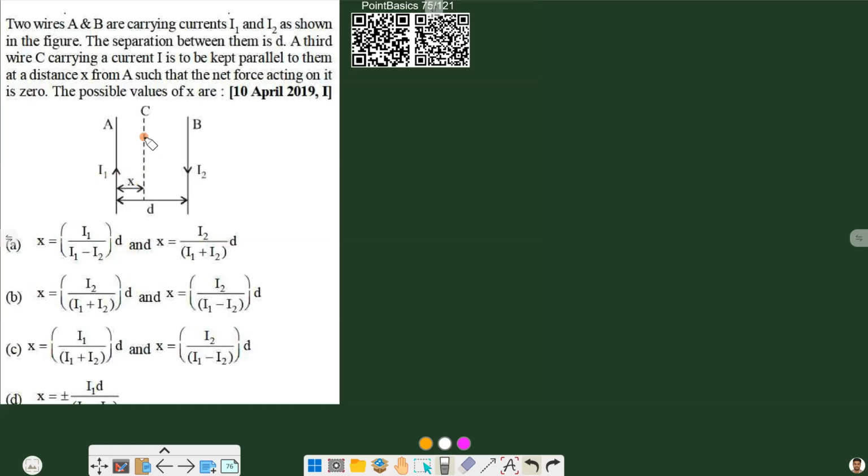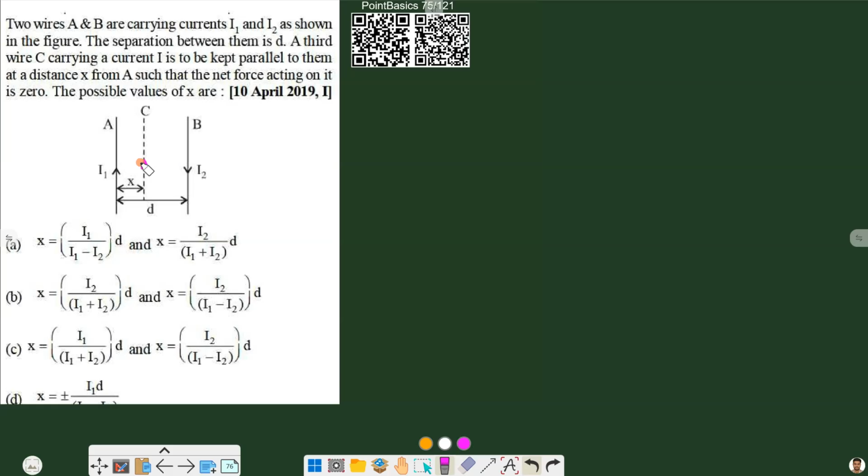It can either be upward, so parallel to A, or downward, parallel to B. Now we know that wires with the same direction of current attract each other, and wires with opposite direction of current repel each other. So if we place this wire C midway between the two, at x distance, and the direction of current is upward, then what will happen?